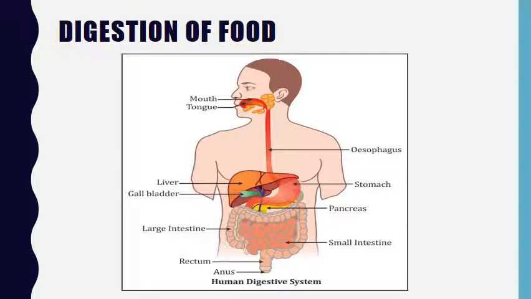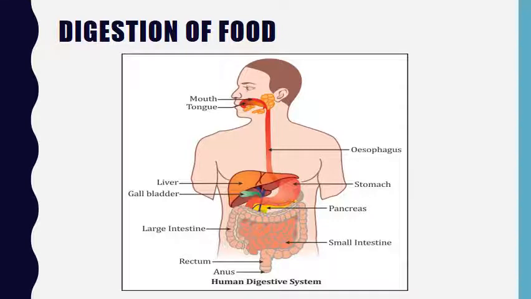Now we have a question: what is the biggest organ of our body? The answer is the stomach. If someone asks which is the biggest organ of our body, our answer will be the stomach.